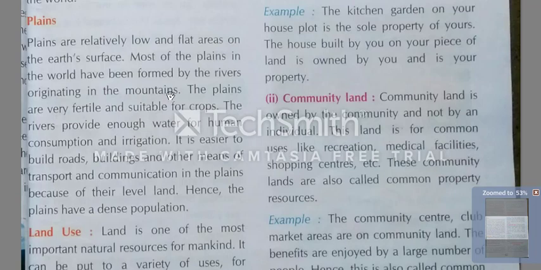We have seen about mountains, we have seen about the plateaus, but there you can see that the word crop is not used, because they are not suitable for crops. Only the plains area is very suitable for crops, because they are very fertile. The fertility of that field is very good, and that is very helpful for the production of crops.